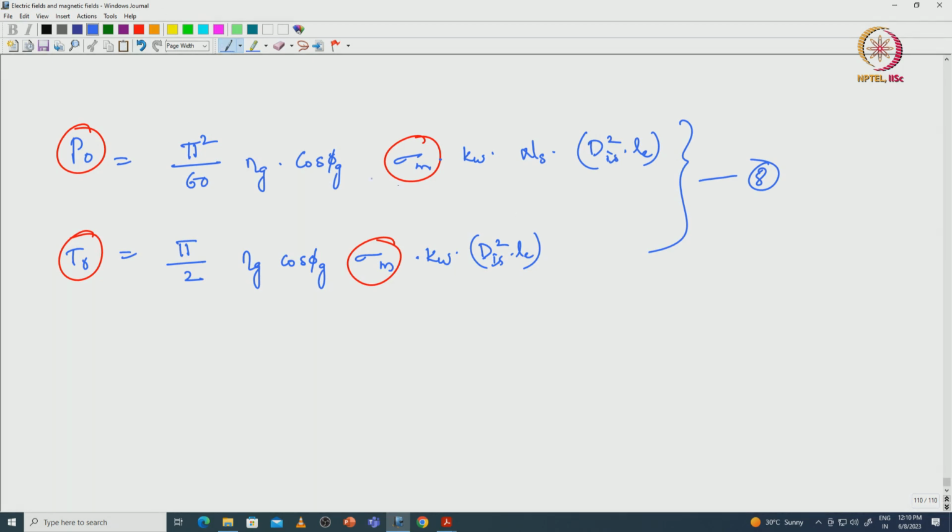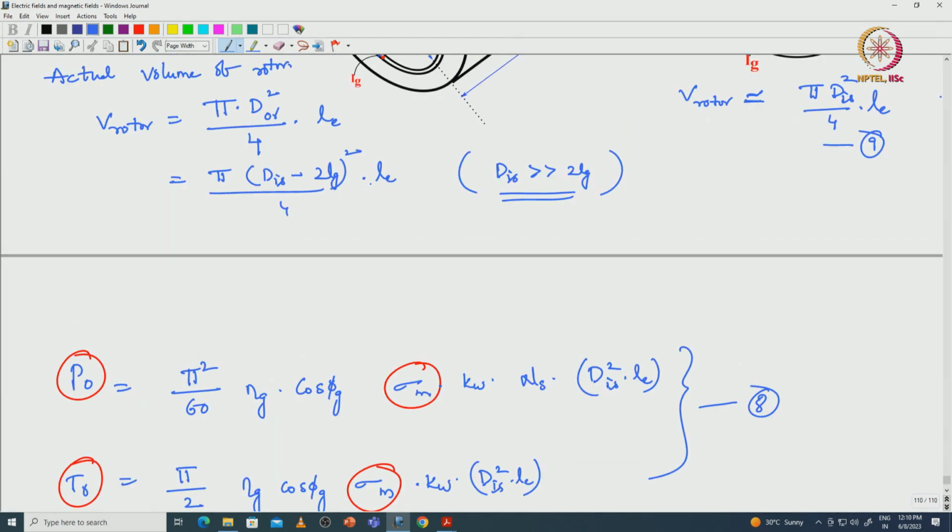Rotor volume equals what? V rotor equals pi Dis square by 4 into Le. This equation we can rewrite as D square L product equals 4 into V rotor, volume of the rotor, by pi, right.